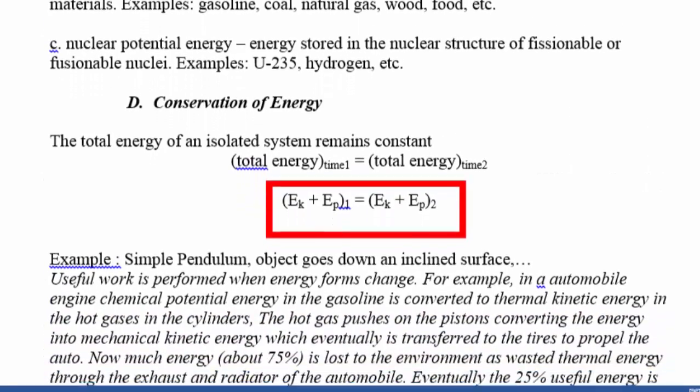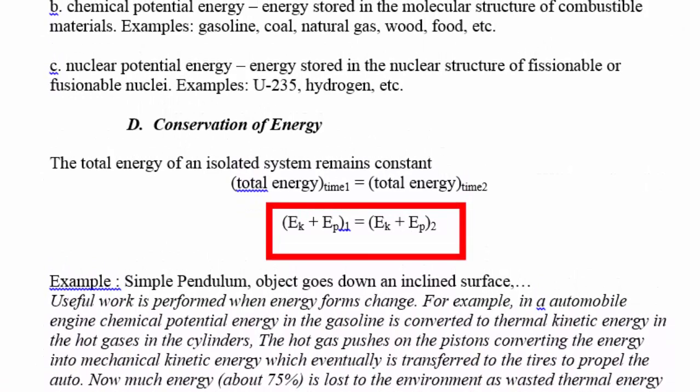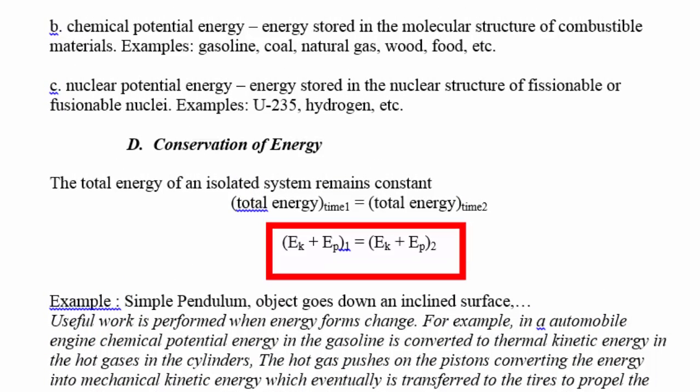The second type of potential energy is chemical potential energy, and that's energy stored in the molecular structure of the material, whether it's combustible material like gasoline, coal, natural gas, wood, or it's a type of food that can provide living things with energy, with ATP, that enables them to perform their daily work.